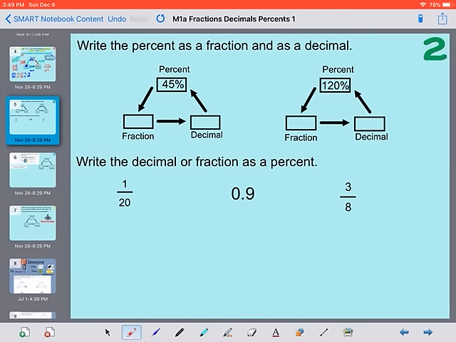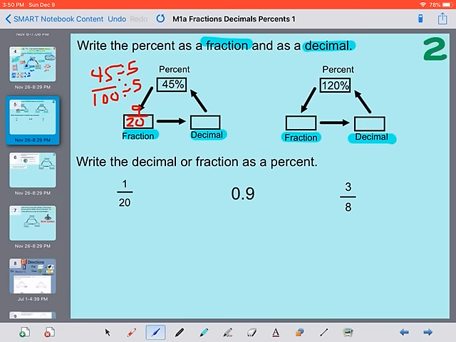Write the percent as a fraction. So we're going to go to the fraction box first, then as a decimal. So 45% is 45% out of 100%, but we can simplify that. I know these are both multiples of 5. 45 divided by 5 is 9. 100 divided by 5 is 20, so it's 9/20.